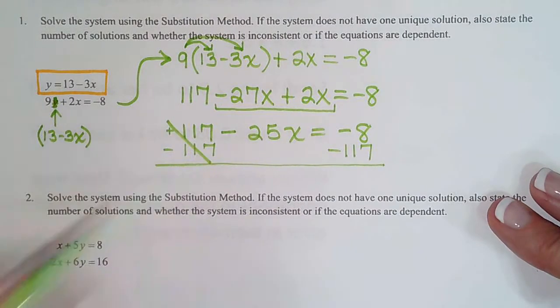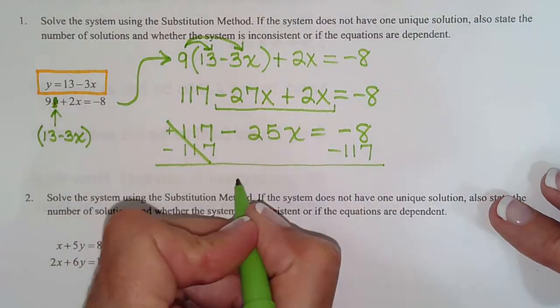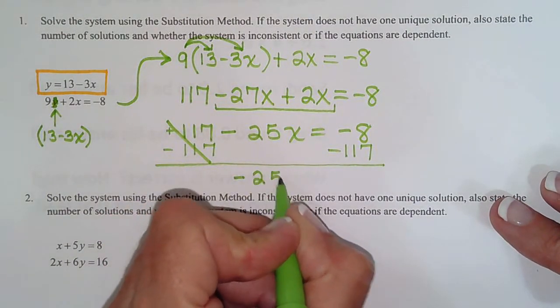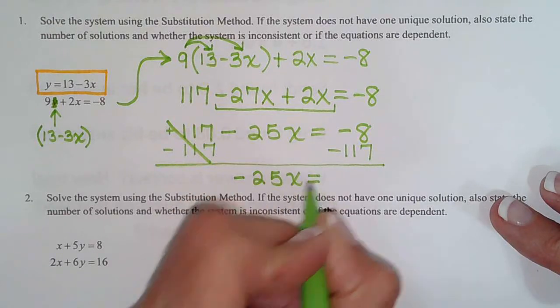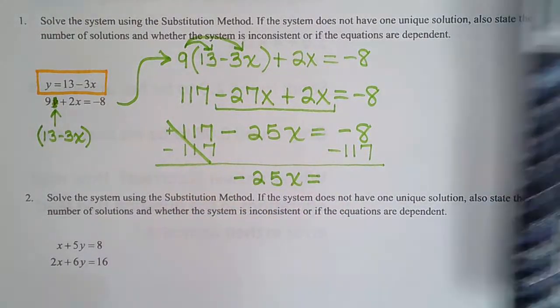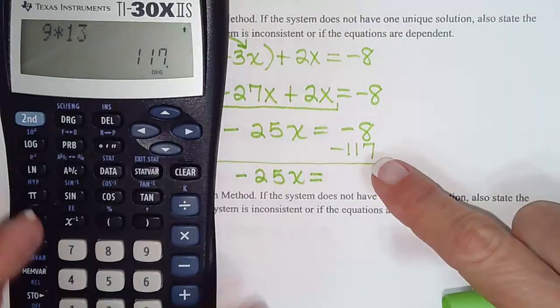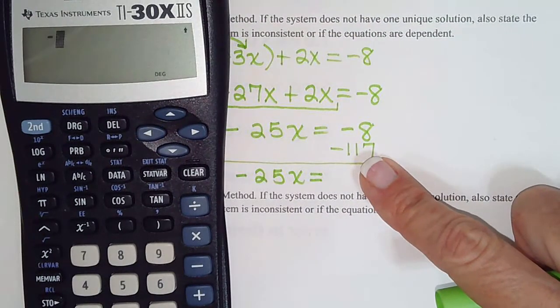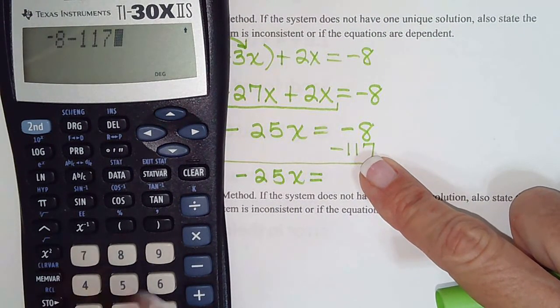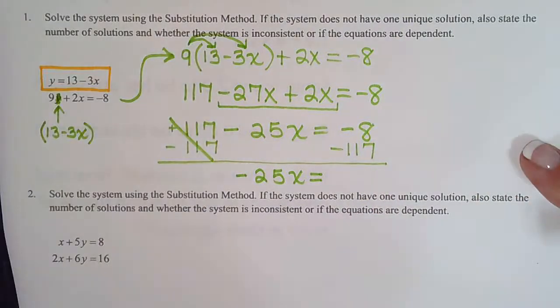And 117 minus 117 is 0, so we get negative 25x equals, and I believe that's negative 125, but let's just check. So negative 8 minus 117 is negative 125.